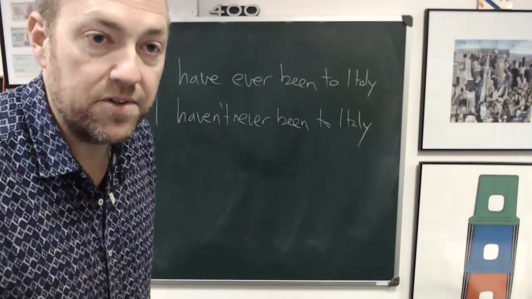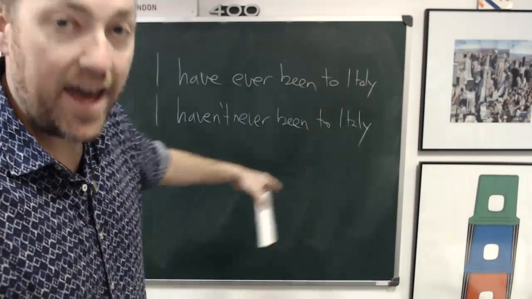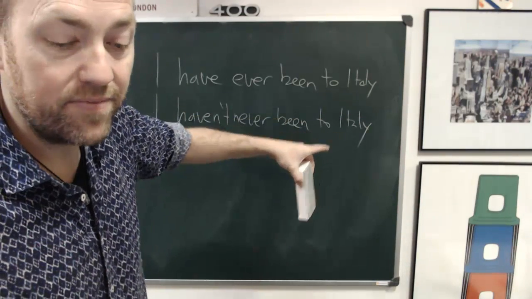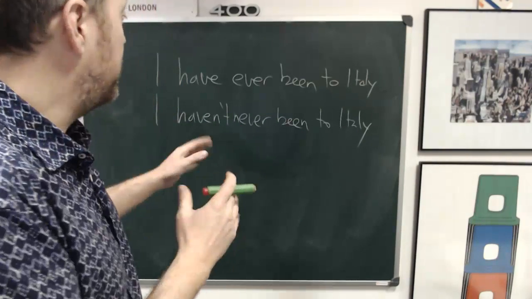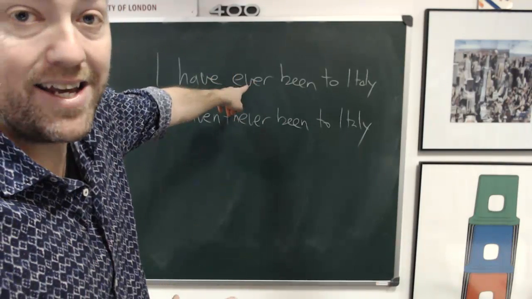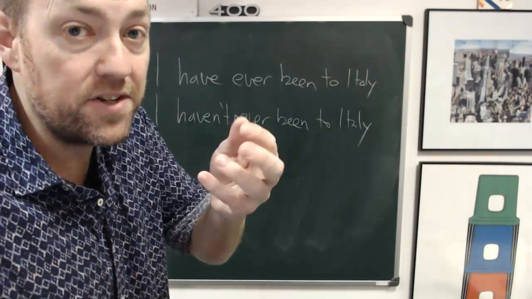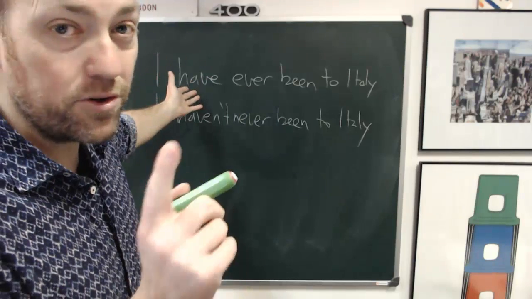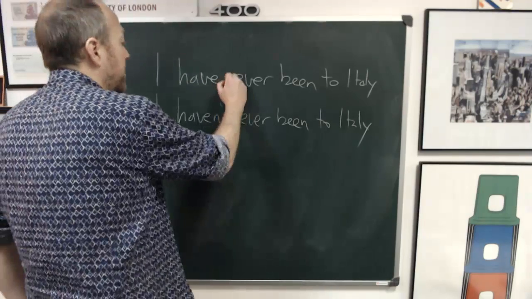Here are two examples. I have ever been to Italy, and I haven't never been to Italy. But the problem is, in English, that if we use ever in an affirmative sentence, we have to transform it into the negative. So this sentence is not correct. We have to transform to the negative: I have never.